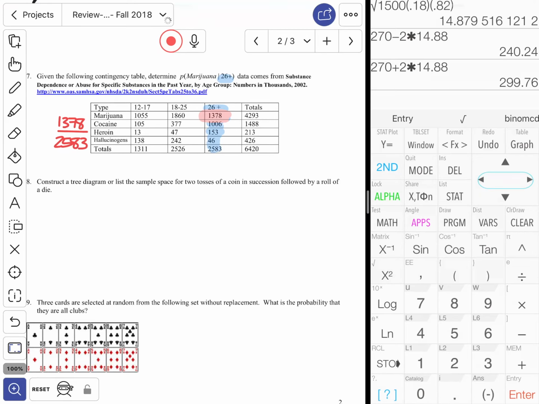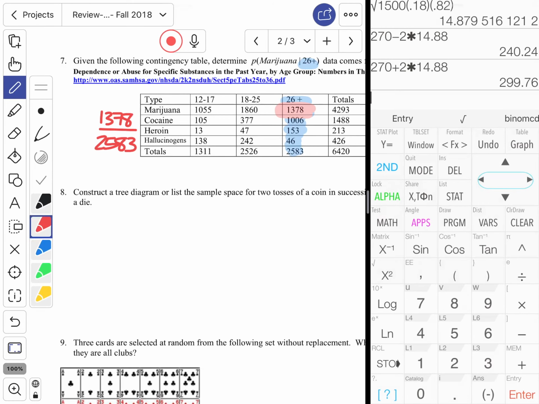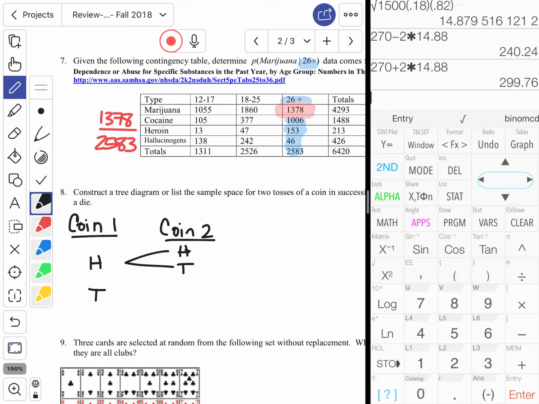Tree diagram or list of sample space for 2 tosses of a coin. All right, so coin 1, heads, tails, coin 2. For each one of those heads, we get a heads or tails, or for the heads we get heads, tails. For the tails, we also get a heads, tails. Followed by the roll of a die.